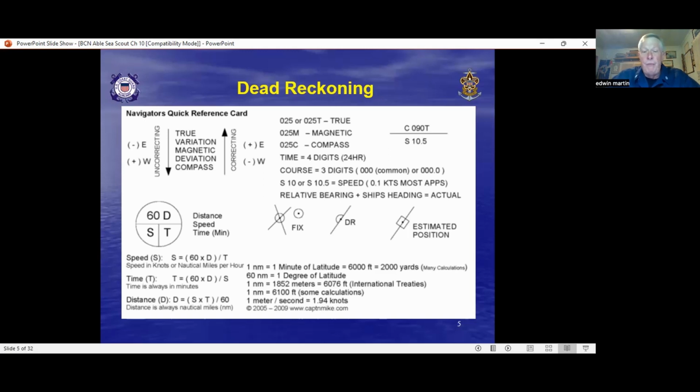And of course, 1 nautical mile equals 1 minute of latitude. Everybody knows that, I'm sure. 6,000 feet equals 2,000 yards. 60 nautical miles, 1 degree of latitude, and so on and so forth. Little handy things to remember, especially when we're trying to come up with a DR plot.